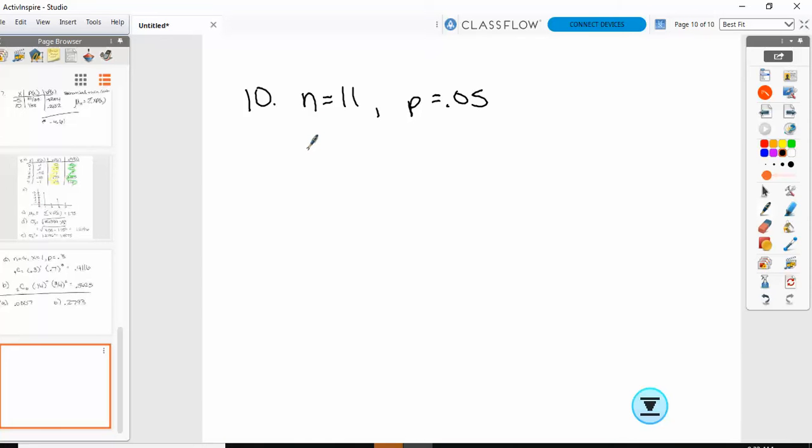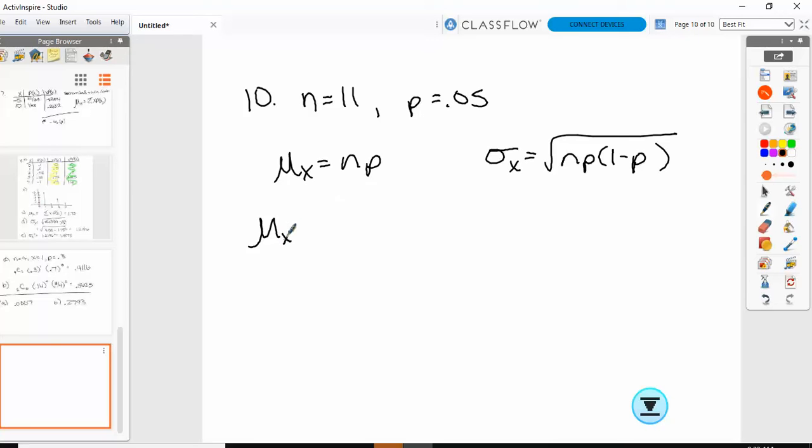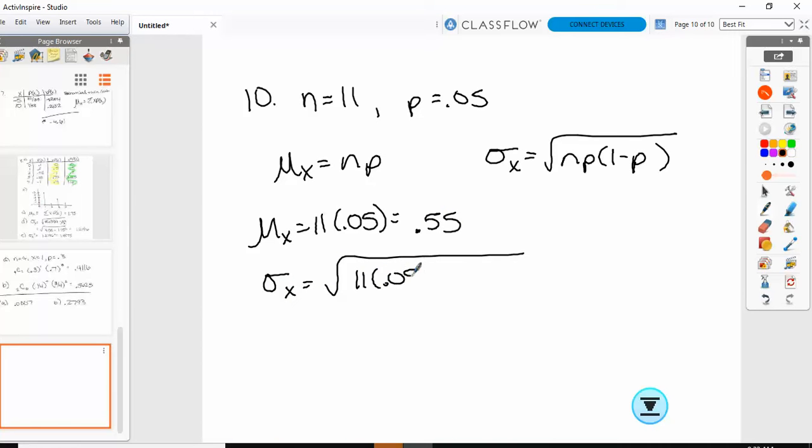Okay, so if you look on your formula packet, under binomial, top of the second column in chapter 6, the mean is N times P. Standard deviation is the square root of N times P times 1 minus P. So my mean is just 11 times 0.05, which gives us 0.55.